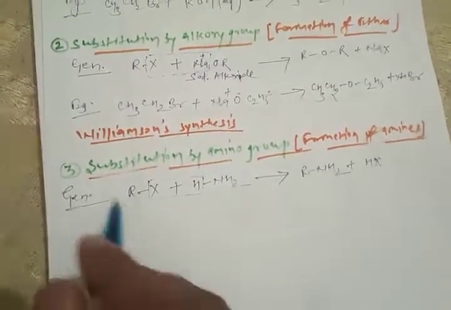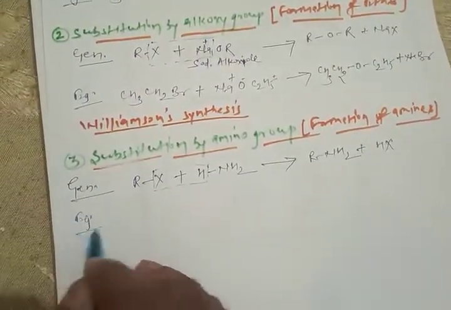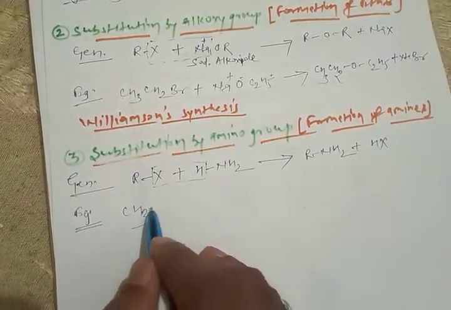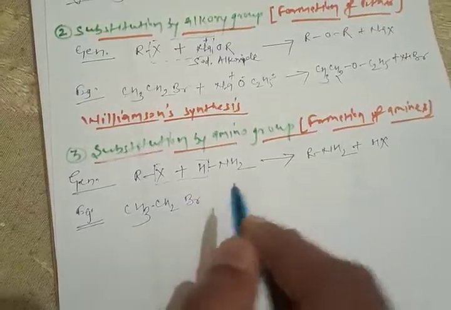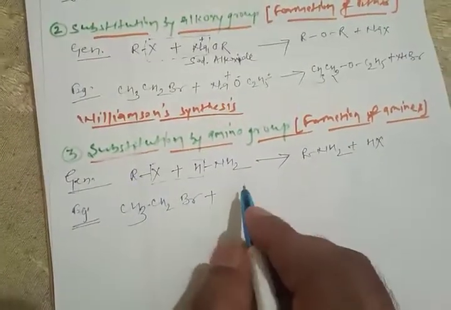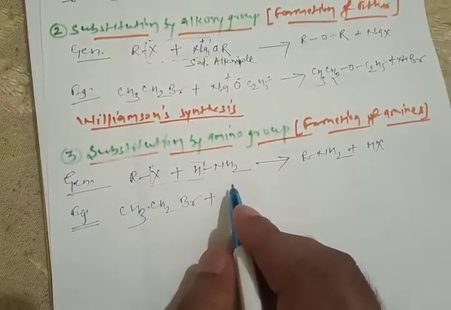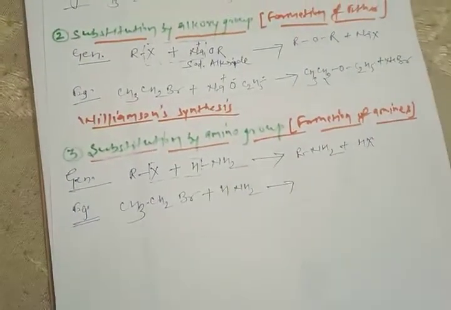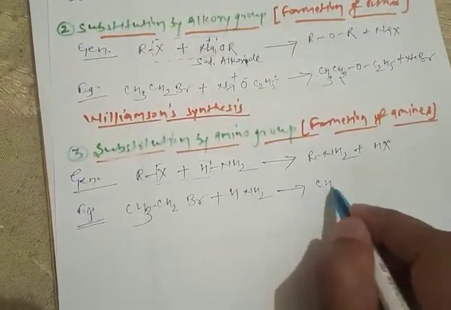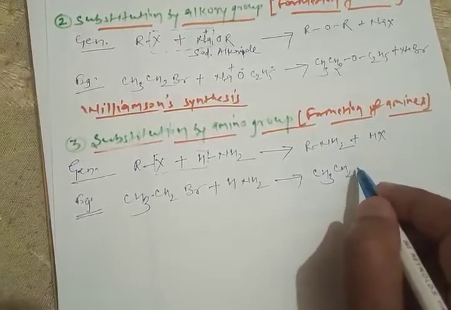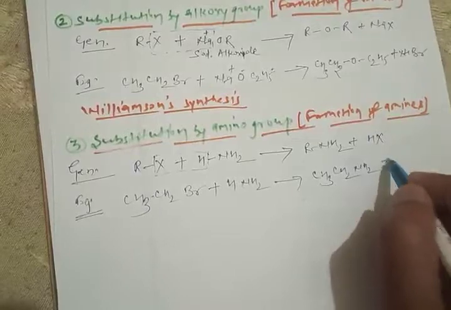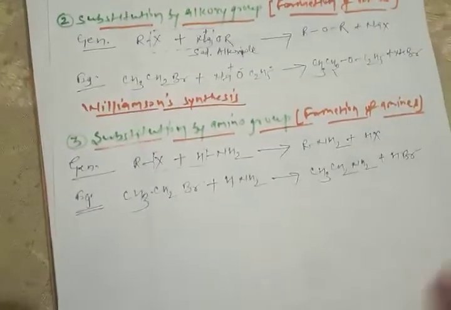Let's take an example of this reaction. Again we have CH3CH2Br plus HNH2. So what will we get? We will get CH3CH2NH2 plus HBr.